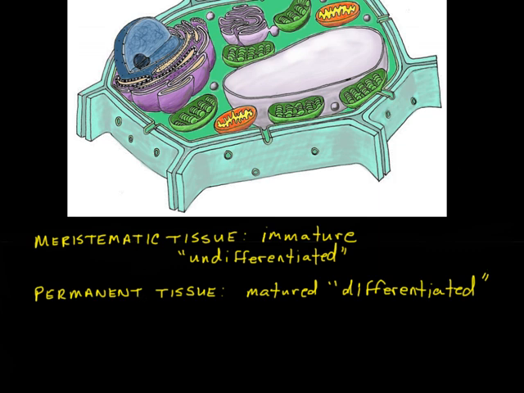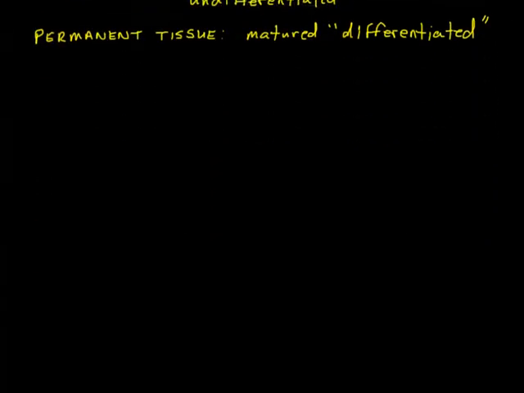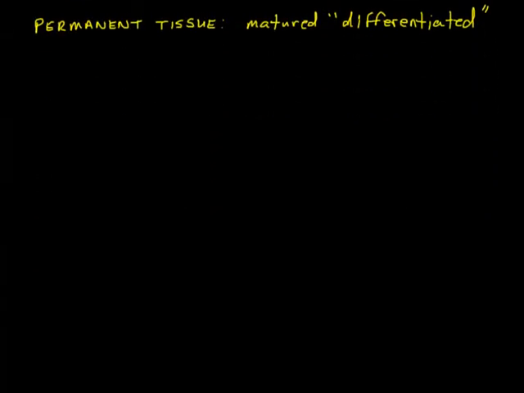So now let's talk about the various types of meristematic tissues, and we're going to start off with talking about meristems that occur in the shoots or the above ground portions of the plant. And luckily for us, meristems are named based on where they occur. And so first we're going to start talking about what are referred to as a shoot meristem.